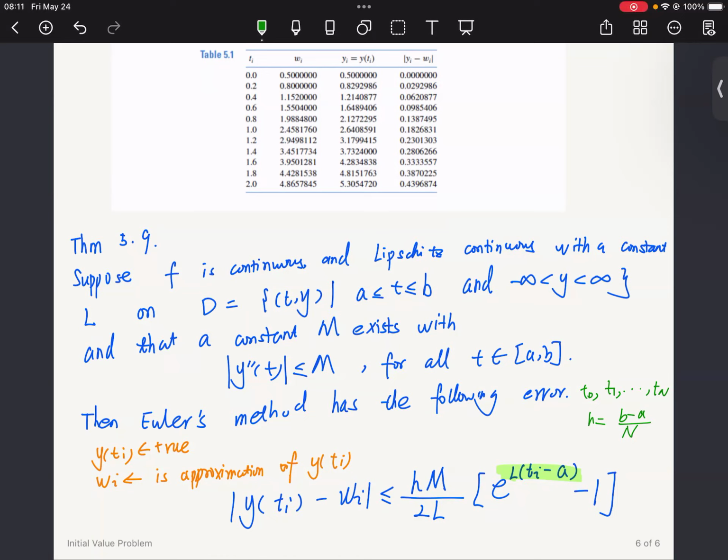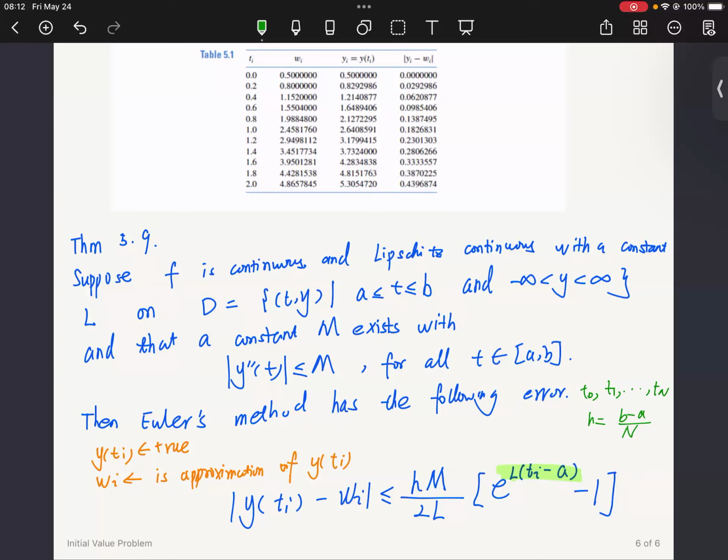this is the exponential function of L, and this is the linear function of L. So you can expect that when the time increases, you will find that when the L is becoming larger, this error bound is becoming bigger.